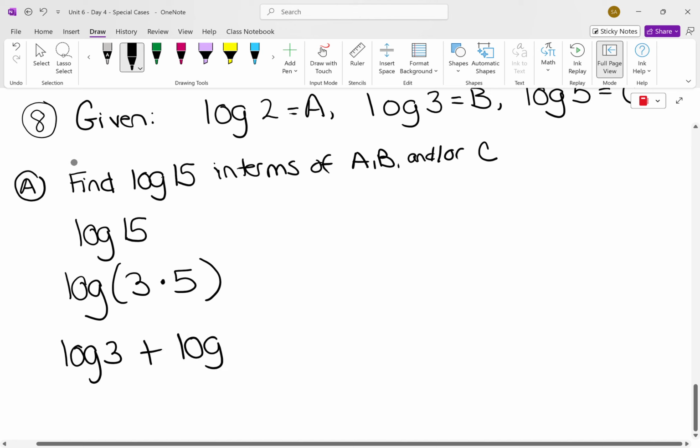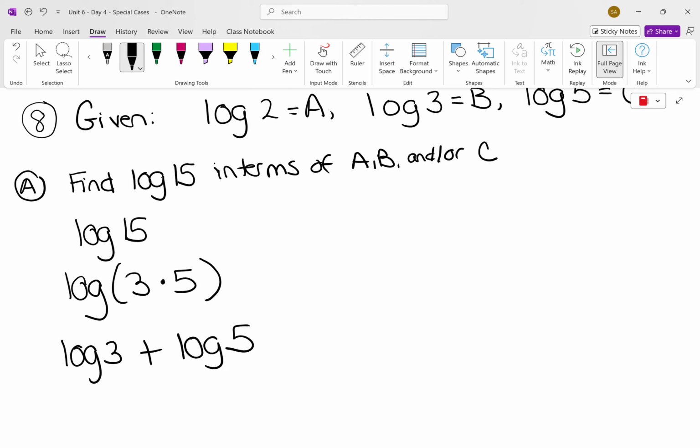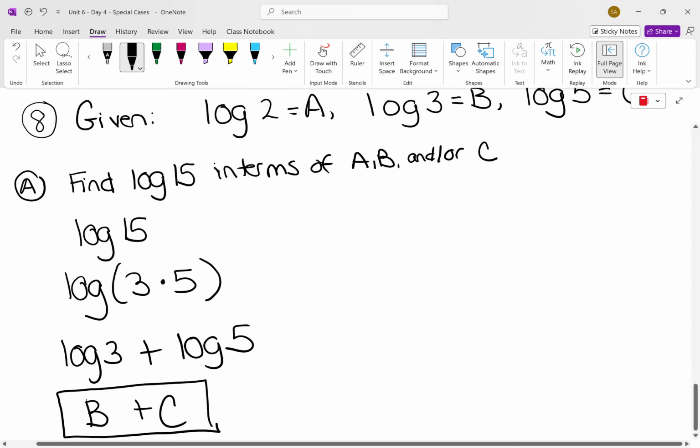And then I could expand this into log of 3 plus log of 5. What is log of 3 equal to? B. And what's log of 5 equal to? C. So now have I expressed log 15 in terms of A, B, and/or C? Yeah.